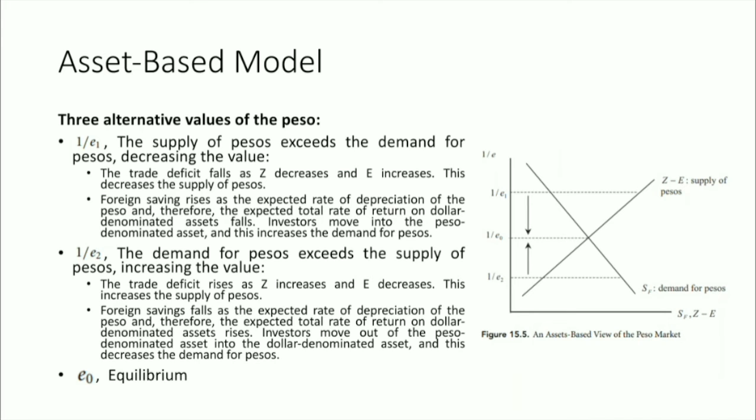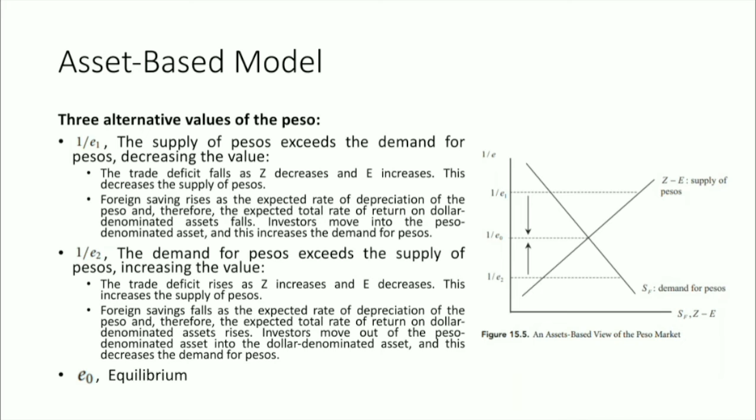This decreases the supply of pesos, and foreign saving rises as the expected rate of depreciation of the peso, and therefore the expected total rate of return on dollar denominated assets, falls. Because of that, investors move into peso denominated assets, and this increases the demand for pesos.